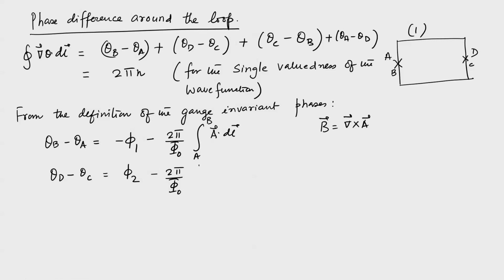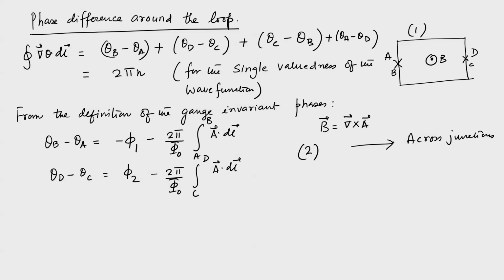There is a magnetic field threading the loop, because there is a vector potential. So these are for junction 2, and these are across junctions.